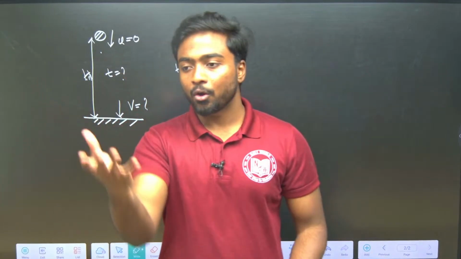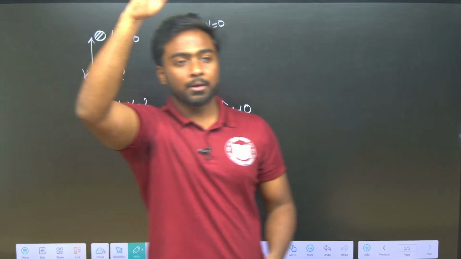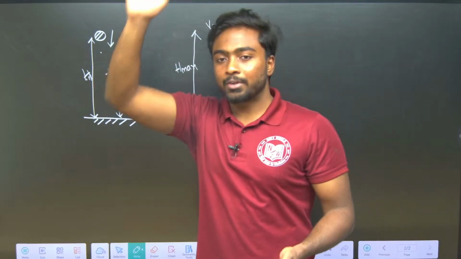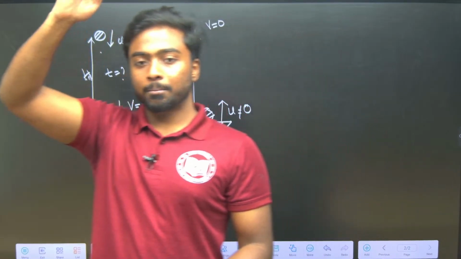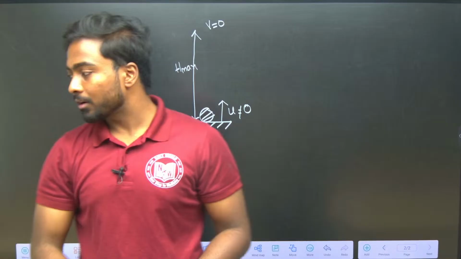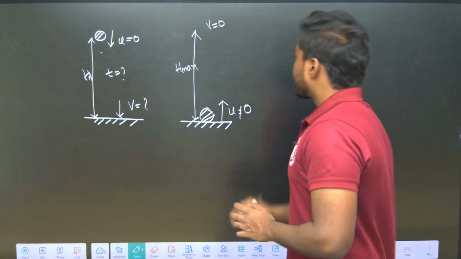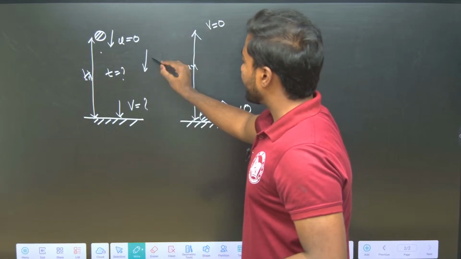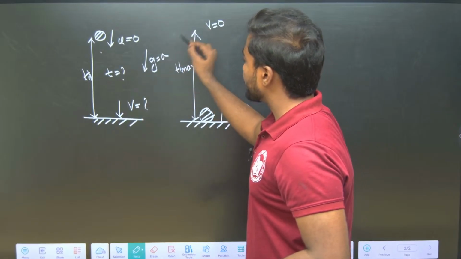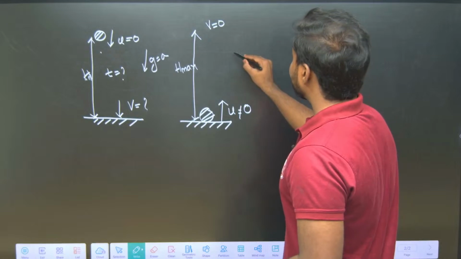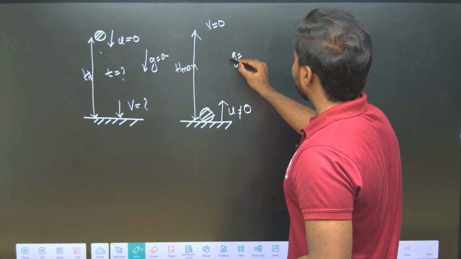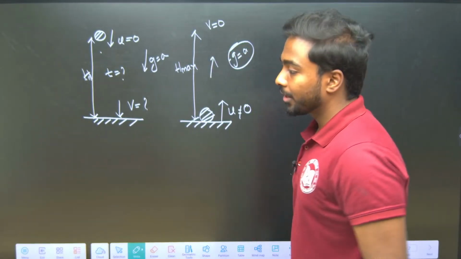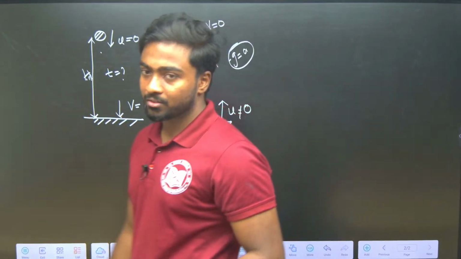If you are throwing the object upwards, towards the cloud, it will go with some velocity, and after reaching that point, it will come back down. In this case, a will be equal to minus g, since I am throwing against the gravity. This was the thing we discussed.